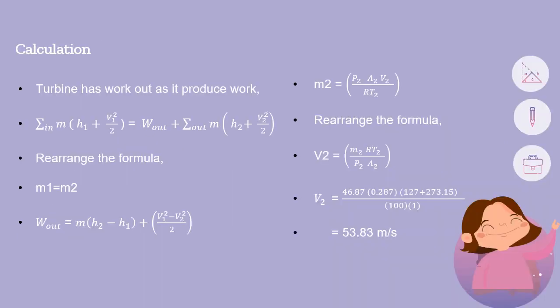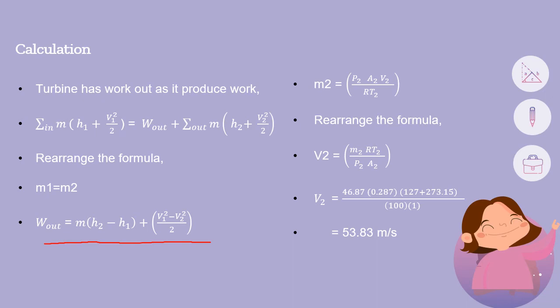Let's move to some calculation. The turbine has work out as it produces work. Summation m in (h1 plus V squared over 2) equals W out plus summation m out (h2 plus V squared over 2), as I stated earlier. Rearranging, m1 is equal to m2. Hence, W out is equal to m times (h2 minus h1) plus (V1 squared minus V2 squared) over 2.